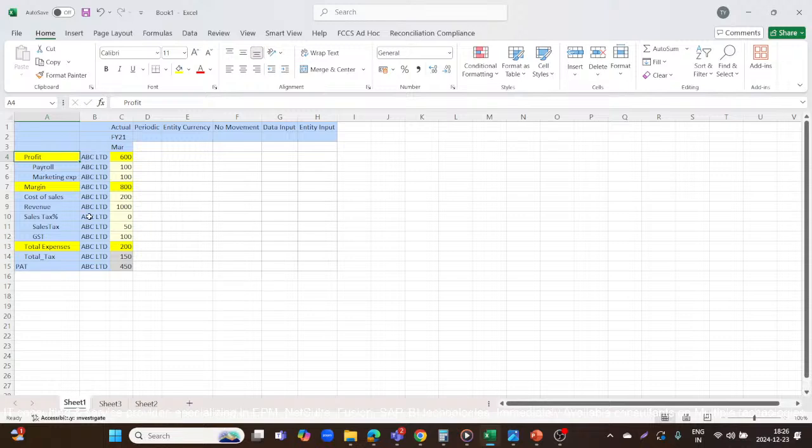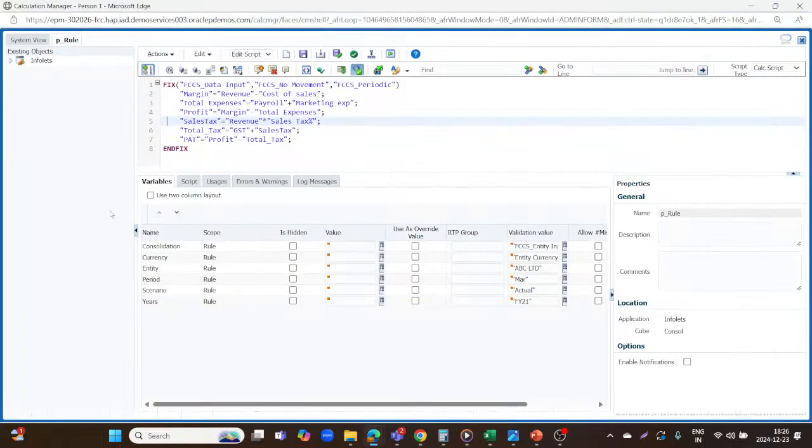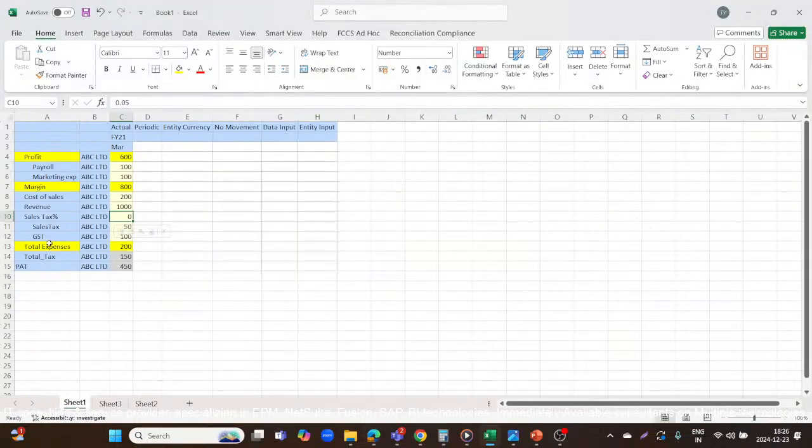We have defined the percentage of sales tax as 0.05, so revenue into sales tax percentage. To derive the sales tax amount, revenue is 1000 into 5%, which gives you 50. You can see 1000 into 0.05 is 50. So this is also correct.